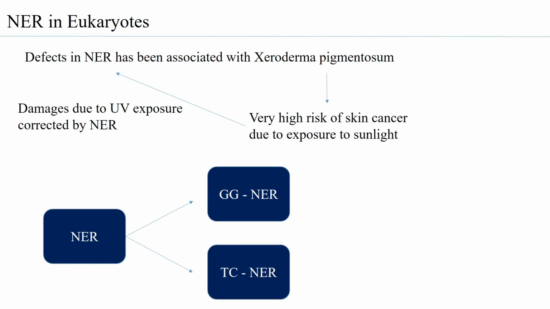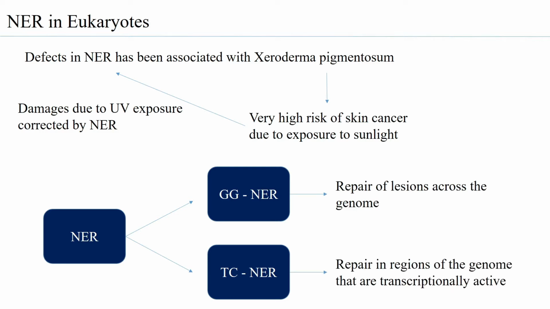While there is another subform, which is the transcription coupled NER. In this case, the repair is present in the regions of the genome where there are highly transcriptionally active genes. So it is when transcription is going on that the transcription machinery comes across lesions, and those lesions are then repaired by the NER system.